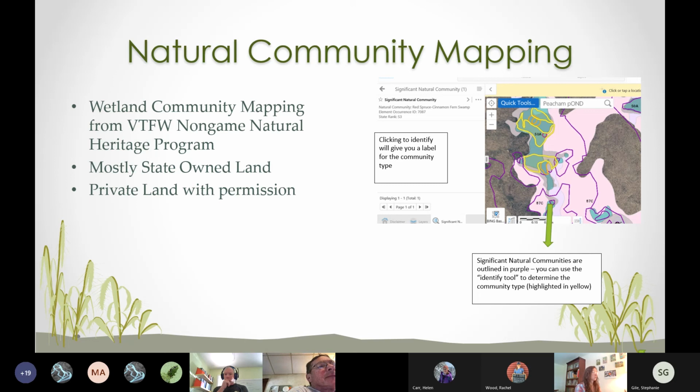So it will tell you that it's red maple, ostrich fern, floodplain forest. I don't think that's actually a type, but it sounds good. So that's good information to have. There is some private land that has the same mapping that they've been able to do with permission.